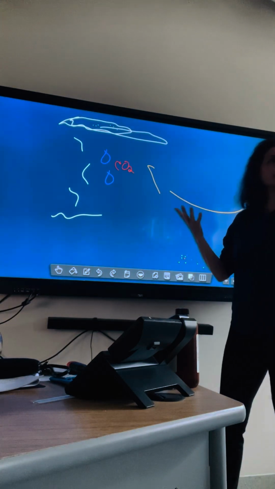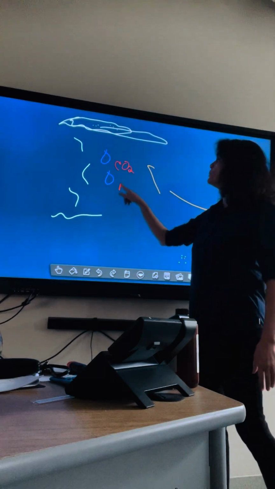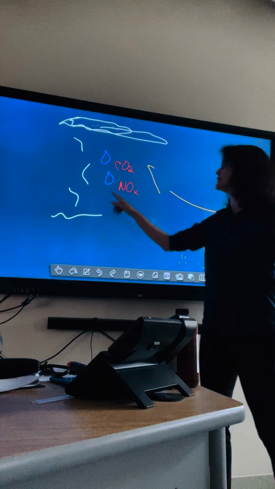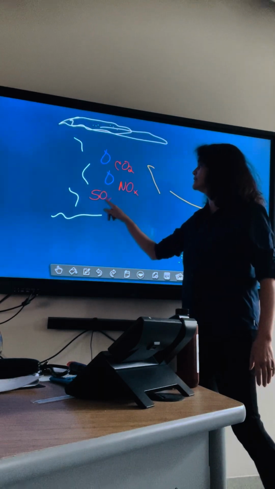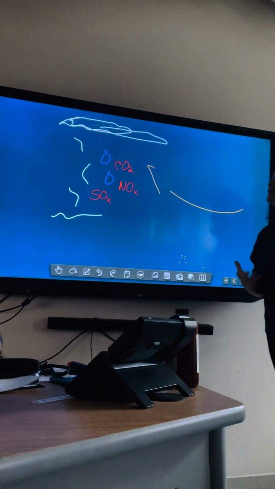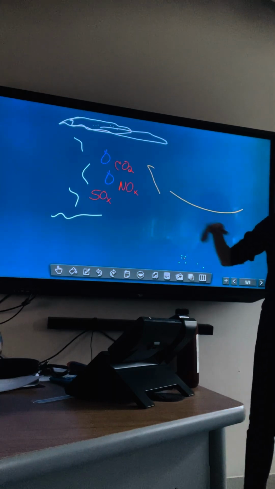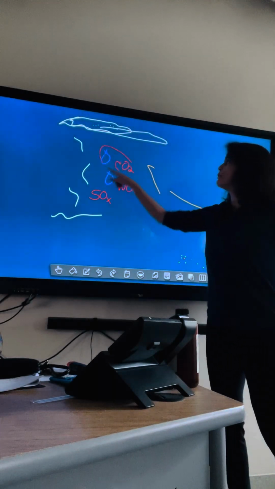There's carbon dioxide gas. It may also mix, because in fossil fuels you have some nitrous gases and you have some sulfur gases, and when they mix with water, what do they make? Carbon dioxide and water makes what?